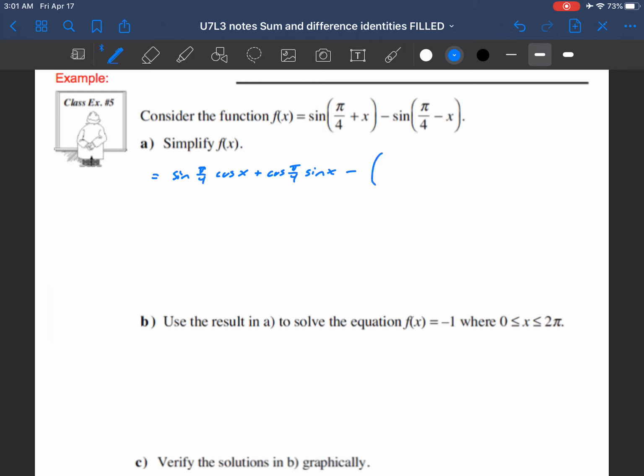Then we've got minus, I've got to put parentheses here, the sine of a difference. So that's going to be sine pi over 4 cos x minus cos pi over 4 sine x.